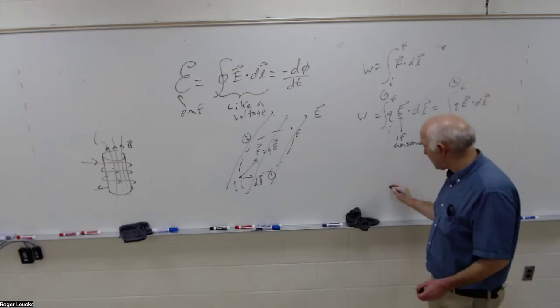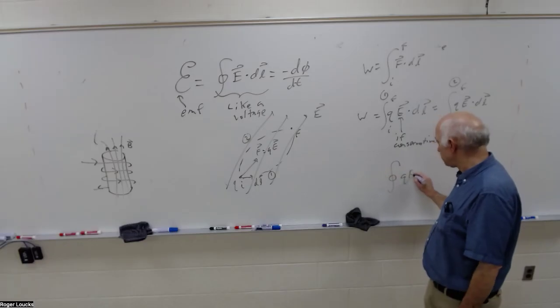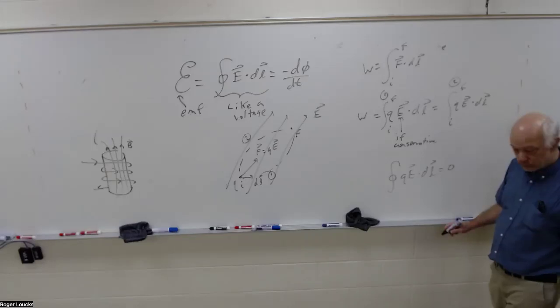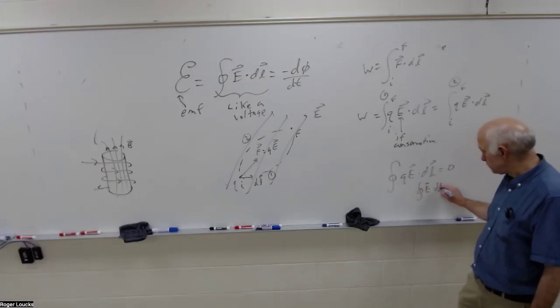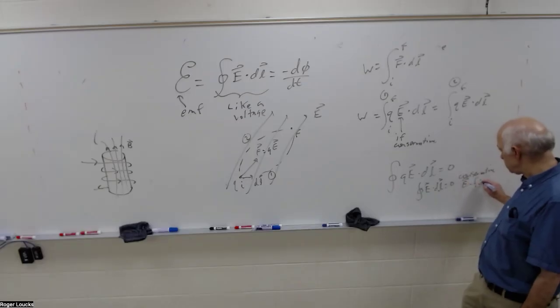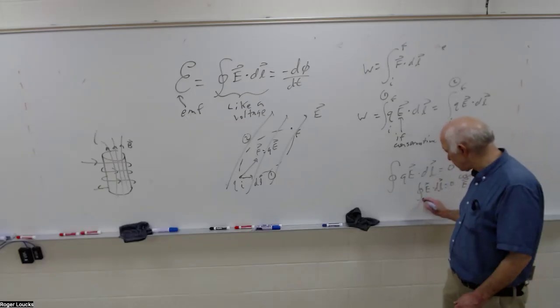Remember what we did? We worked out last time that if you were to do this, you'd get that this guy here would equal 0. And this would just give you this right here. This would be for a conservative E field. And this is really what you mean by a voltage. This is the classical definition of voltage.